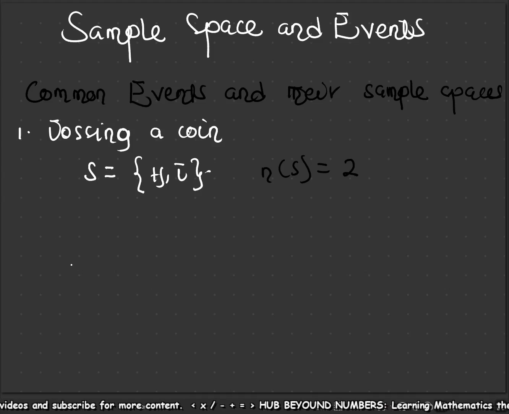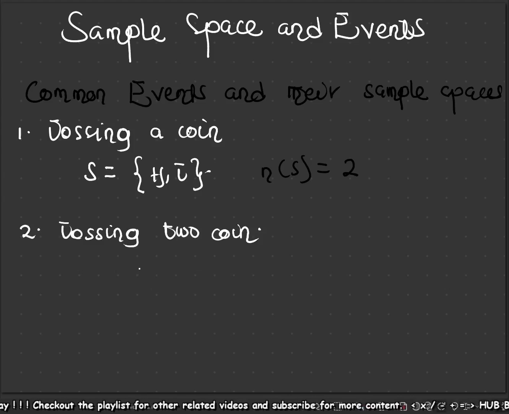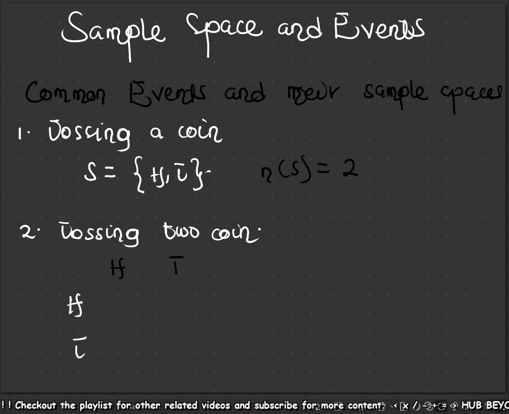Now, what if we are tossing 2 coins? Tossing 2 coins isn't that difficult. You just build from your knowledge of tossing a coin. In that case, you have a column and a row. If you toss your first coin, you can either get a head or a tail. So this column here represents our first coin. Then if you toss the second coin as the row, we can either get a head or a tail.